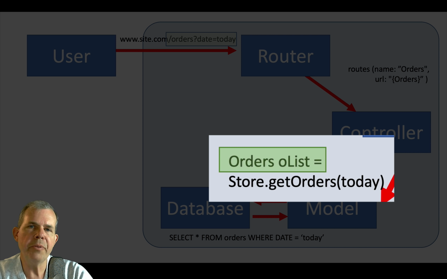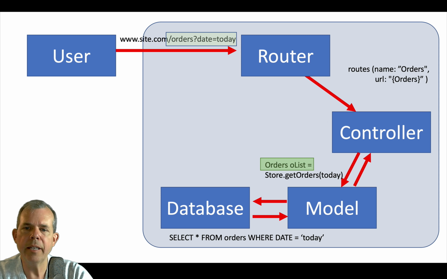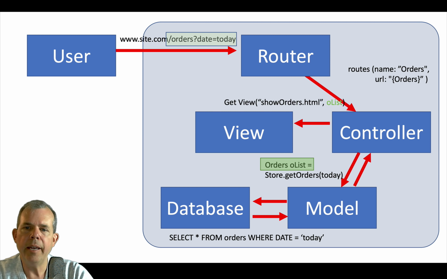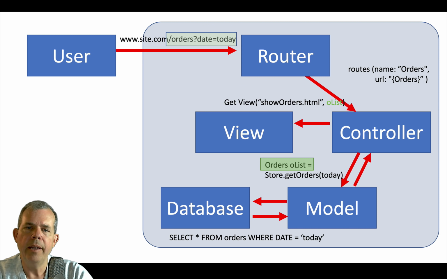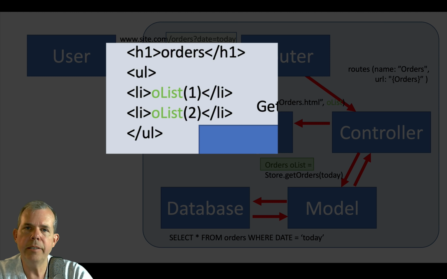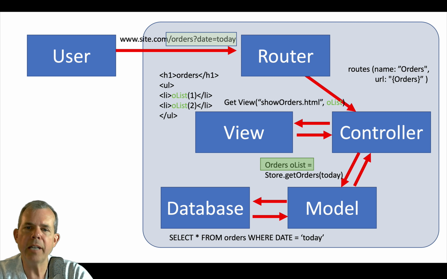What's the controller going to do with that data? Well, it's going to then send it off to a view and say, hey, show me the showorders.html page, and here is a list of data that goes with it. Well, then it's going to generate a list that is going to be in HTML format and send it to the browser. And so when it gets back to the user, you have a fully formed web page.